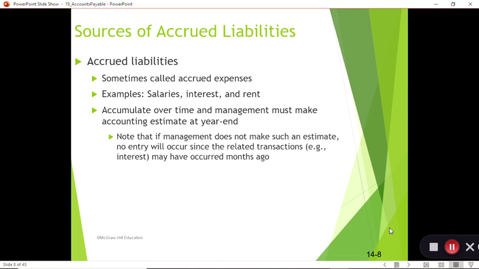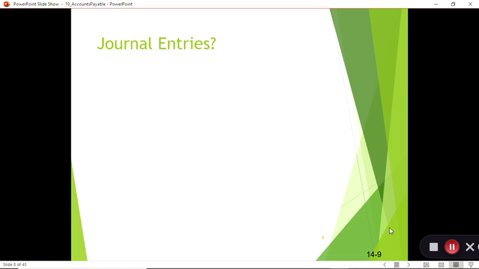We have employees that are incurring salaries over time. We're going to recognize that liability and the related expenses as they're being incurred rather than when we actually pay them. And we'll talk about those a little bit more at the end.